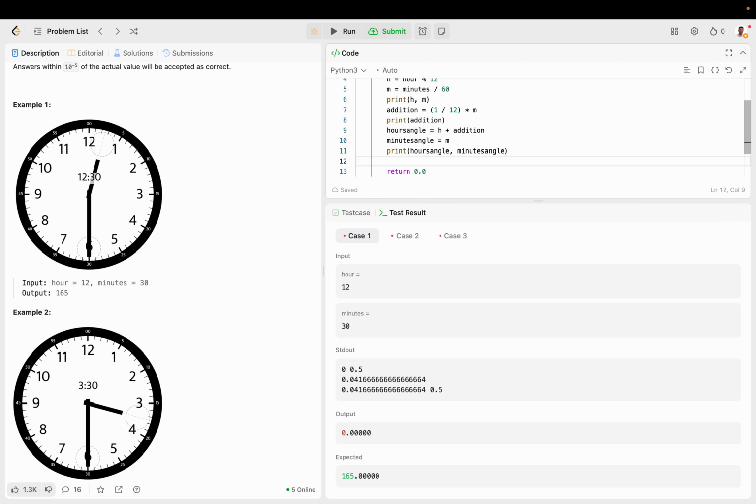So now we have our hours and our minutes. Now we need to calculate the degrees out of 360, right? So let's call this hours R, as for radian. So hours R equals hours angle divided by 360. And then minutes radian equals minutes angle divided by 360. Let's print this out.